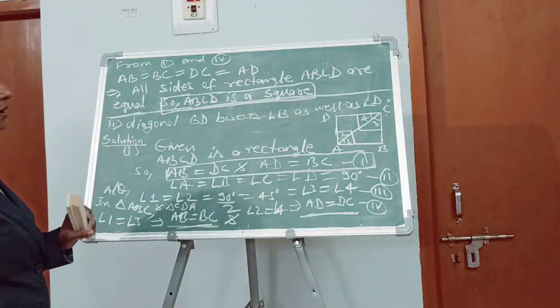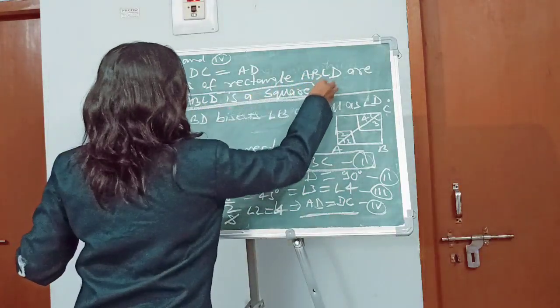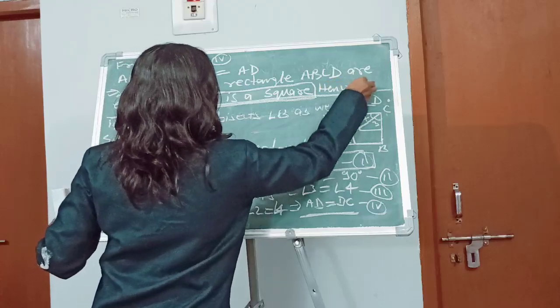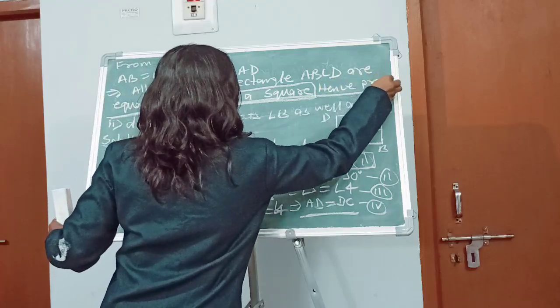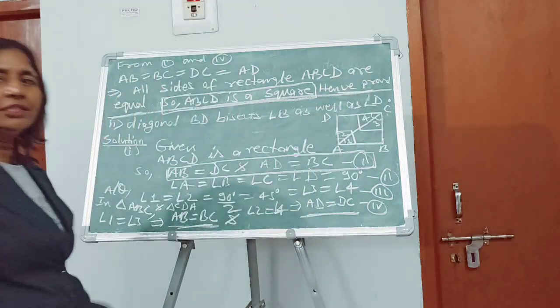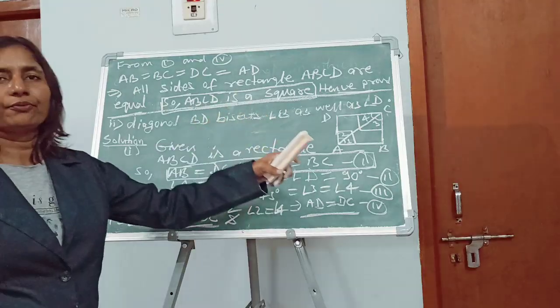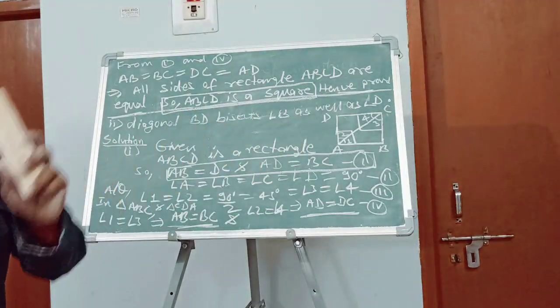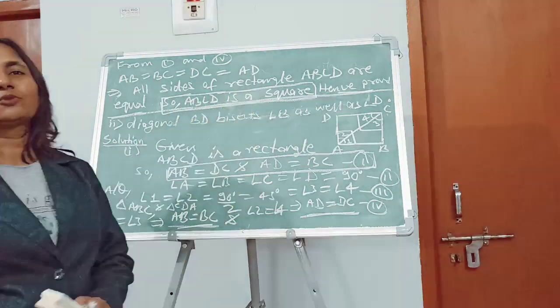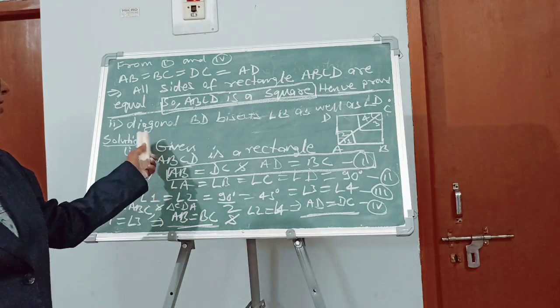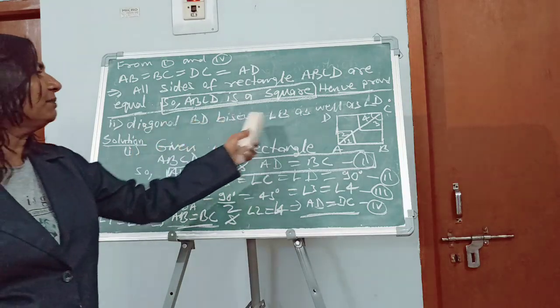And this is the first one which you have to prove. What you have to prove in the first one? ABCD is a square. So first one is proved.